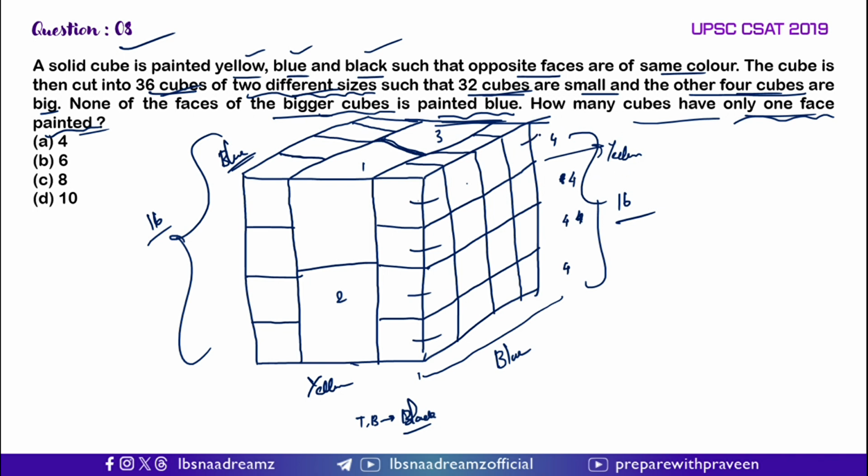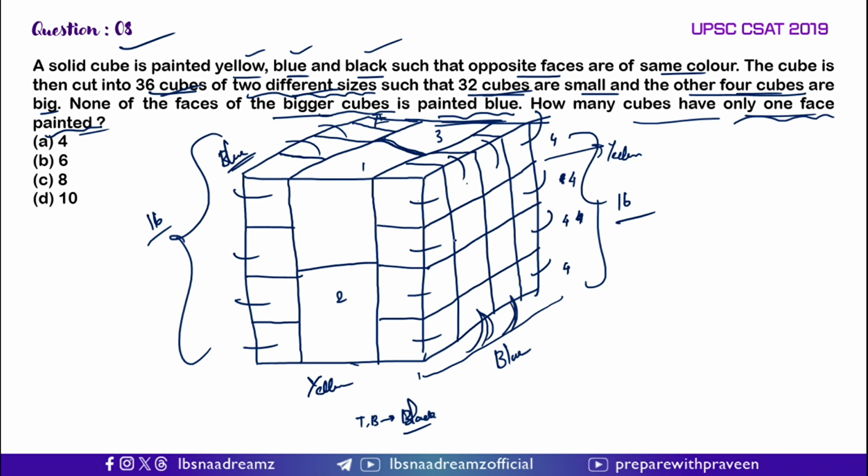Similarly, the cubes on this side will also be painted on 2 faces. On the opposite side there will be 2 cubes that will also be painted on 2 sides.